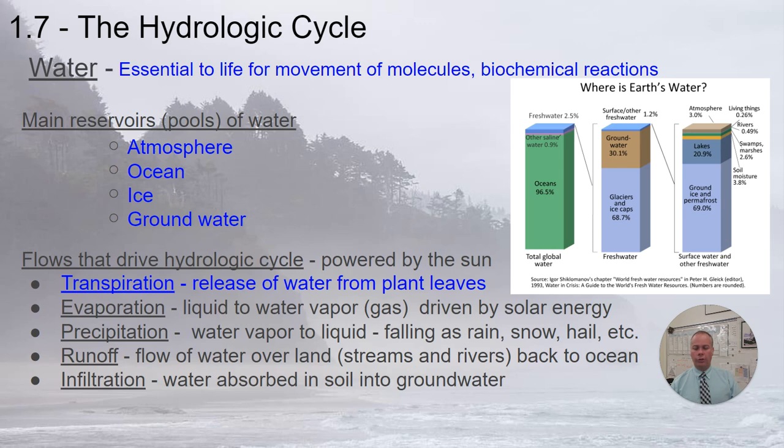We have runoff, which is water flowing over the surface of land in streams and rivers and surface flow, and eventually most of that water makes its way back to the ocean. And finally, infiltration is when water falls on the land and is absorbed into the soil, into groundwater, or recharges an aquifer. That's infiltration of water.